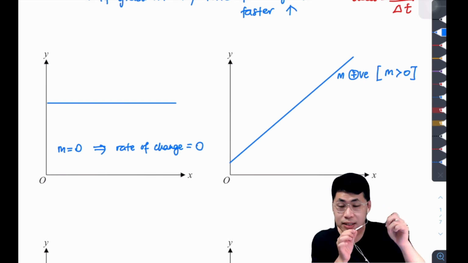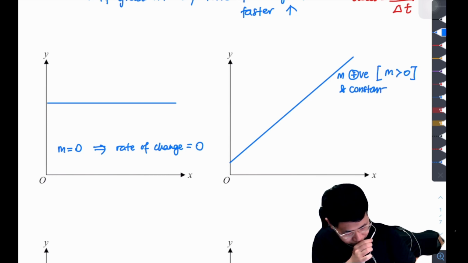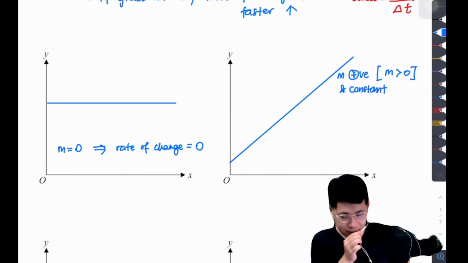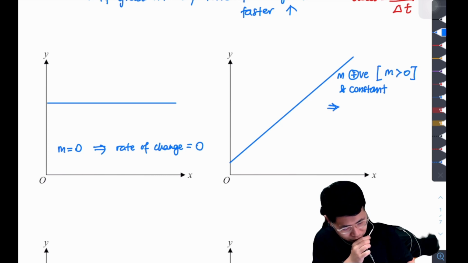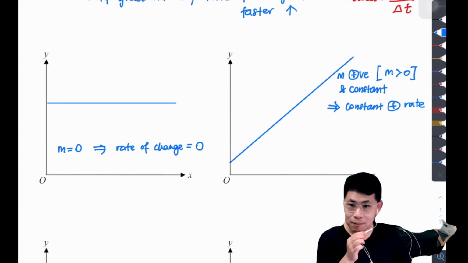The gradient is a fixed gradient, because for a straight line, the gradient is always the same. So the gradient is positive and constant. This means the rate of change is going to be a constant rate, a constant positive rate.